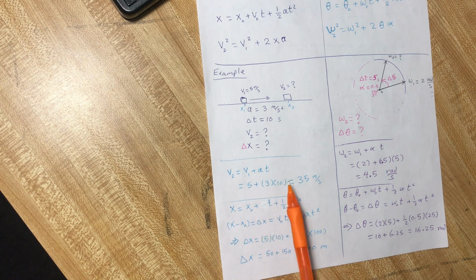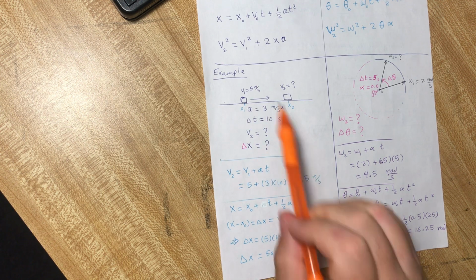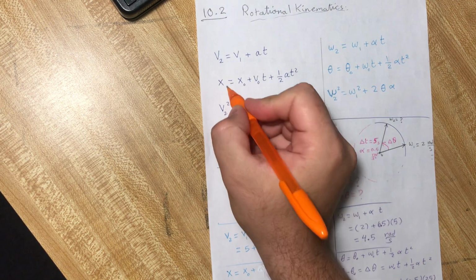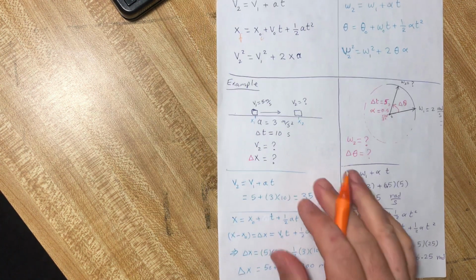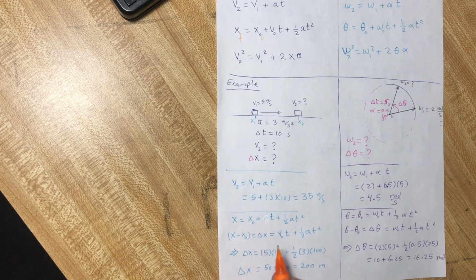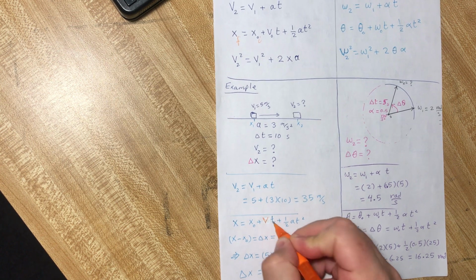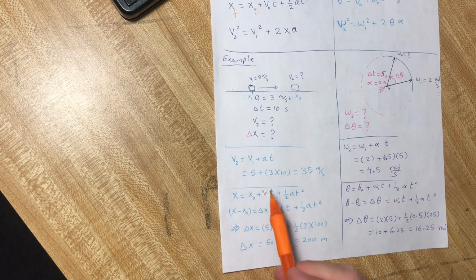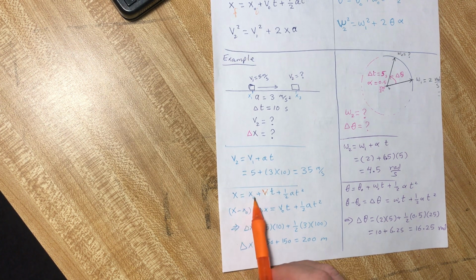Okay, now we need to find the change in position, x2 minus x1. We know the second equation: x is equal to x naught plus v multiplied by t plus half at squared, where x is x final and x naught is x initial. We need to find the change in position, so we move the initial value to the left side.